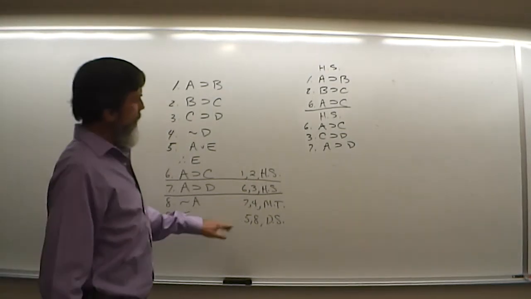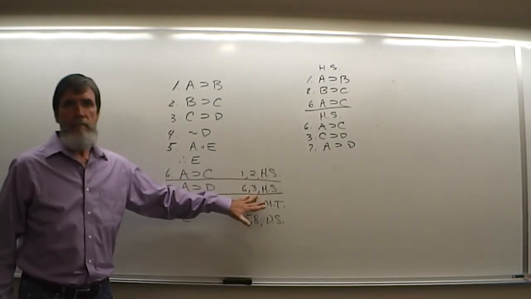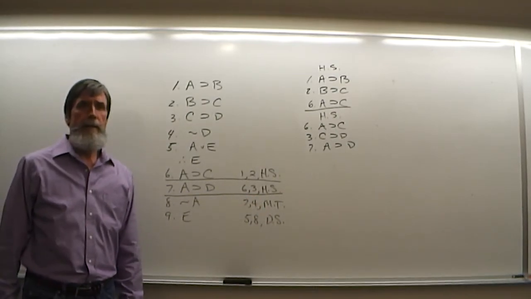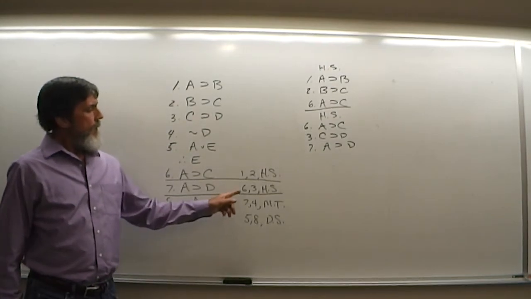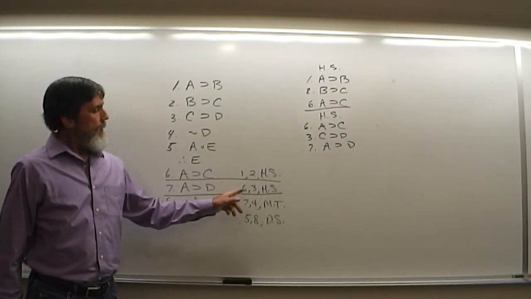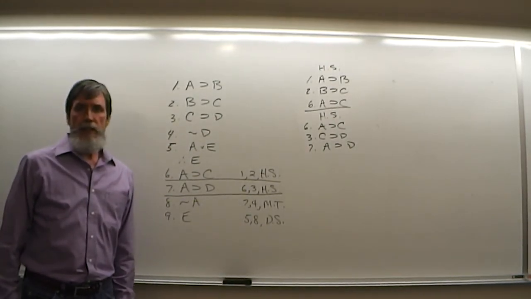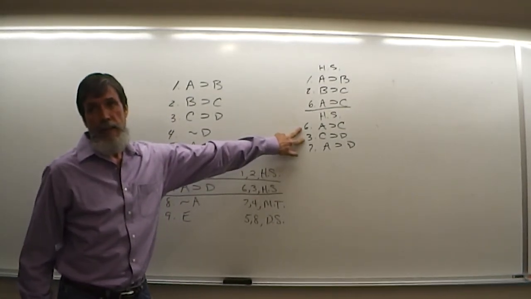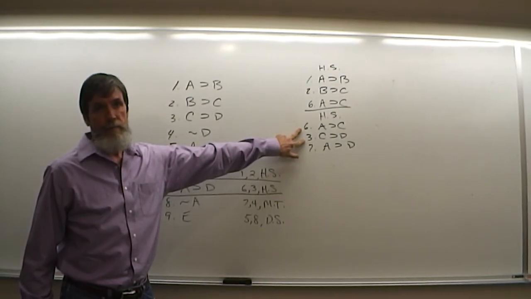Okay, I want to point out something that's crucial about the sequencing of this numbering in your notation. The sequencing of the numbers in your notation has to reflect the order in which you use the premises in your argument form.